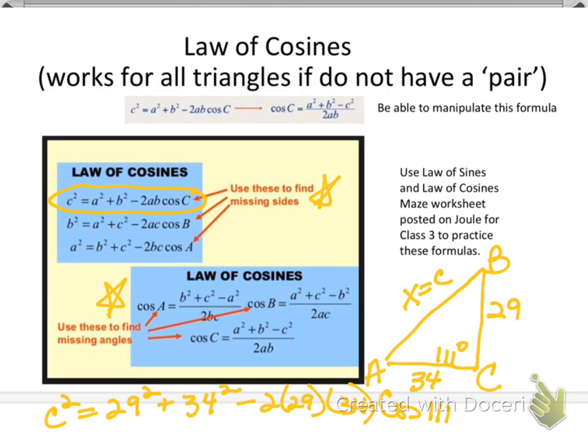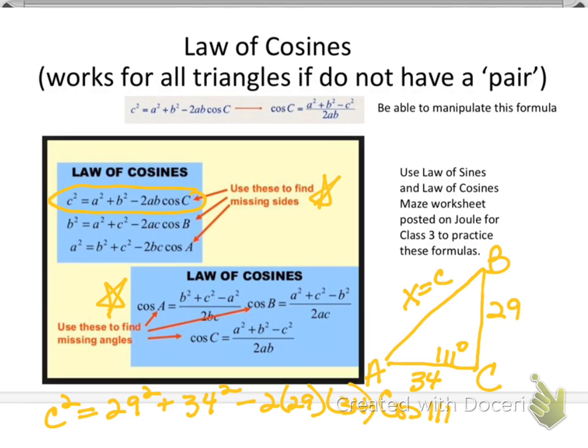It is critically important that you put this in as one equation. If you try doing it in parts, you will get it wrong. So first I'm going to find c squared, which is really x squared. I will eventually have to take the square root of it. But right now I'm going to say 29 squared plus 34 squared minus 2 times 29 times 34 times the cosine of 111, close paren, equals 2703.7.